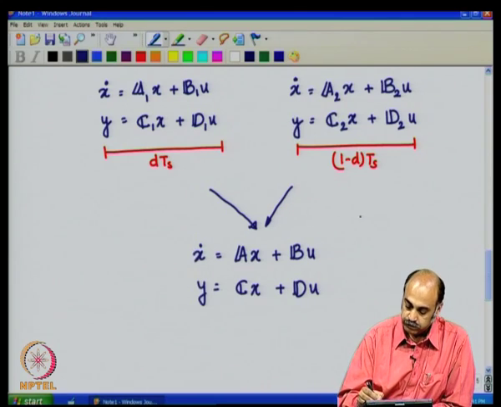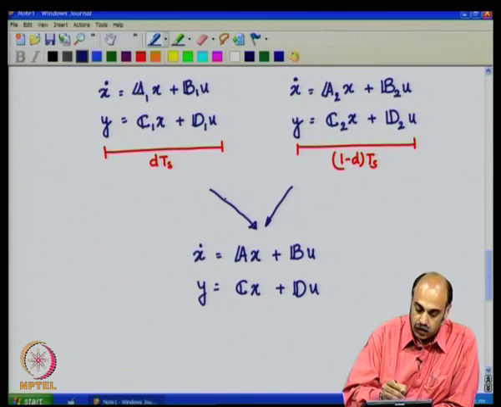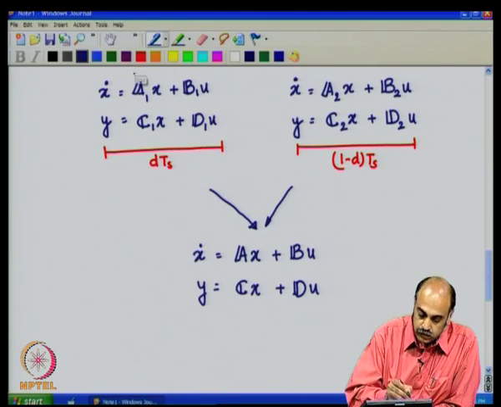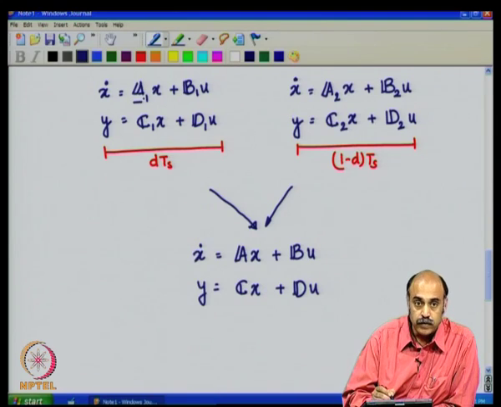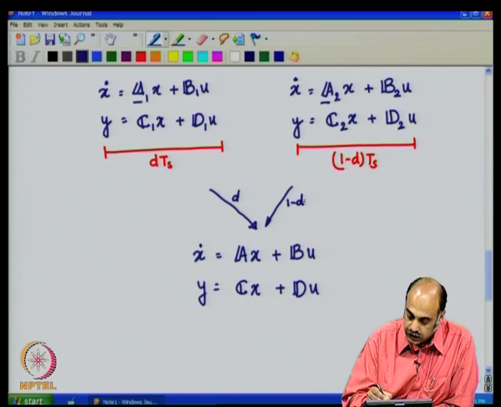Wherein A is the weighted average of A1 for a period dTs and A2 for a period 1 minus dTs.